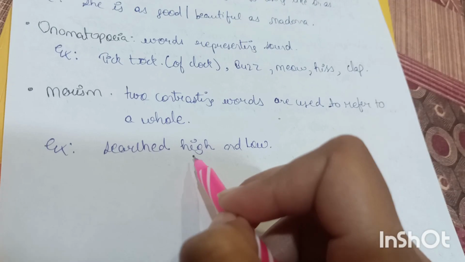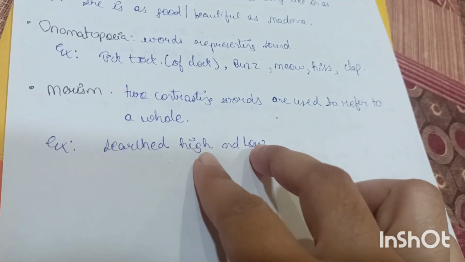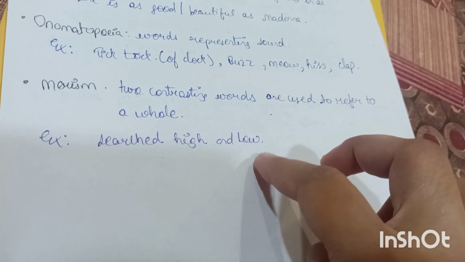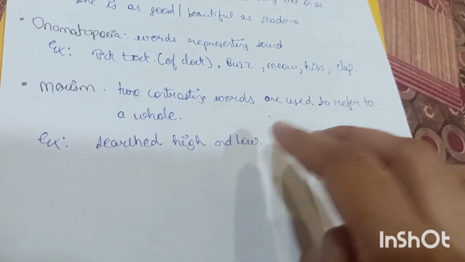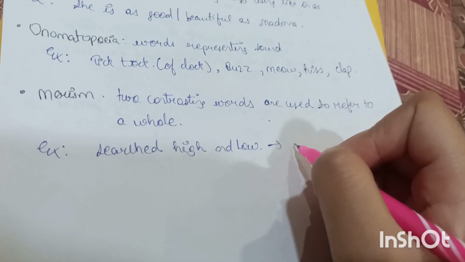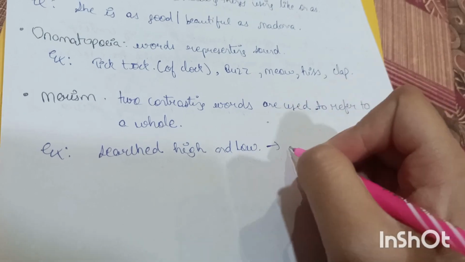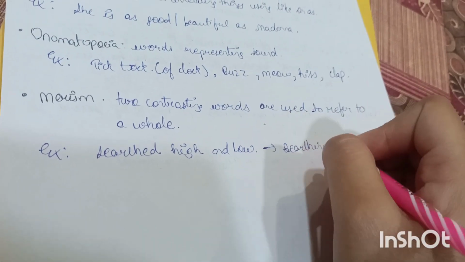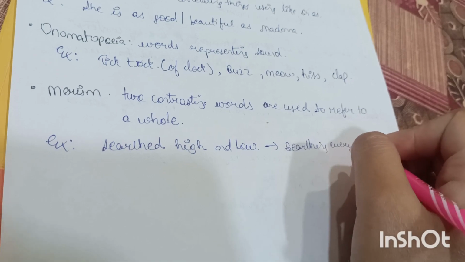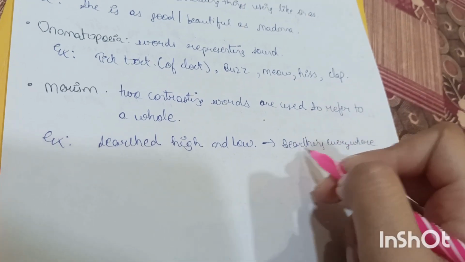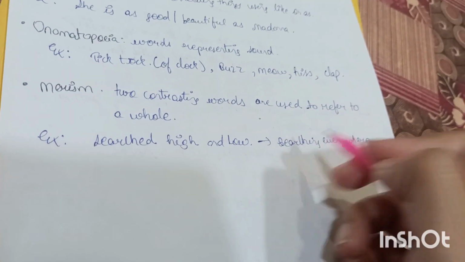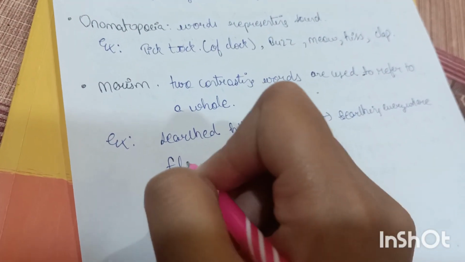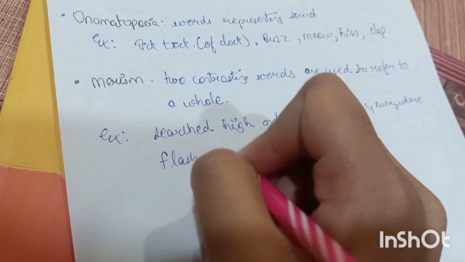Okay, so you can see that there are two words that are opposite to each other. Okay, high and low are opposite to each other. Okay, but what this means is one whole thing. Okay, what is the whole thing over here? That we are searching everywhere. Okay, so you can see that this is the whole thing that we are referring to. Okay, some more examples are flesh and bones.